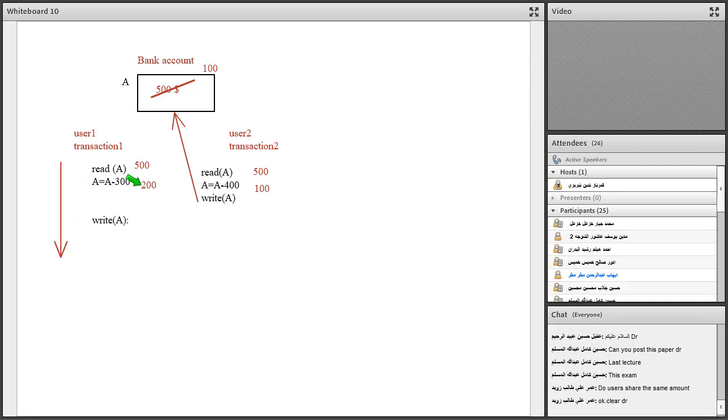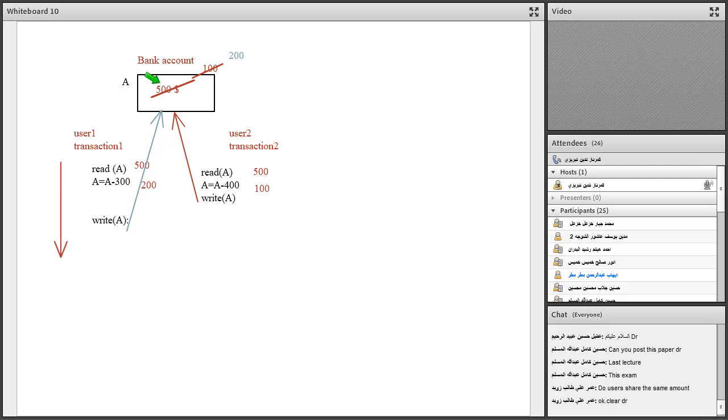It has computed 200, so it writes its results as well. So the value will change again to 200 from transaction 1.